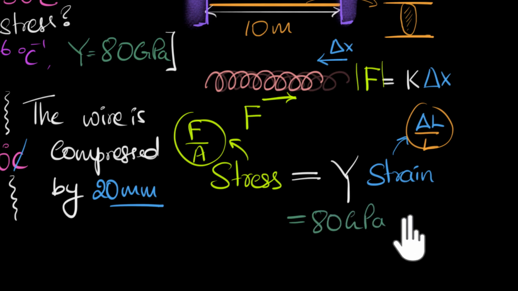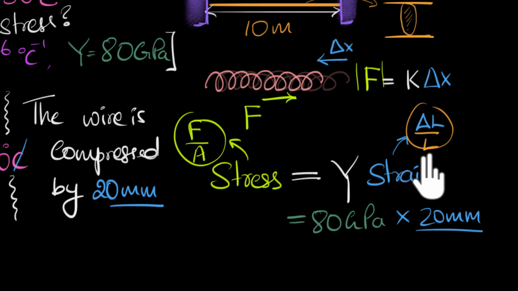times strain, delta L. Delta L is 20 millimeters divided by the original length, which is 10 meters. So that gives us, let's see, this 10 cancels, and you have a meter canceling.